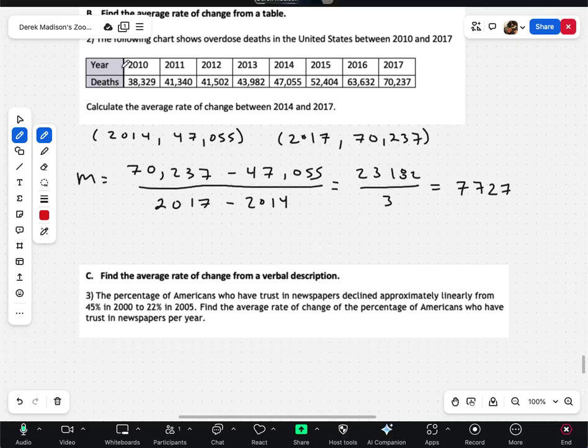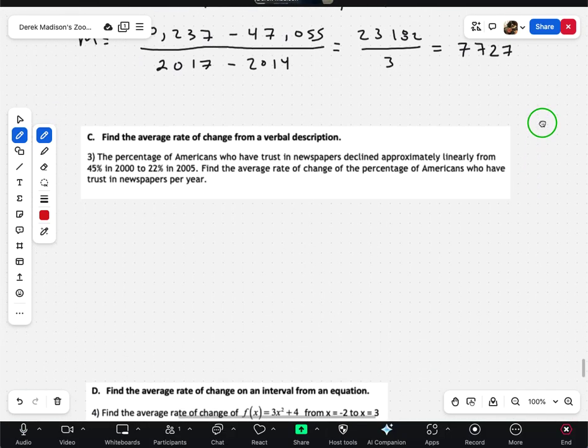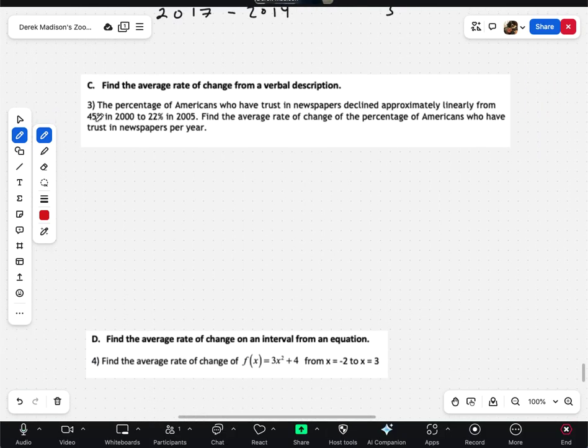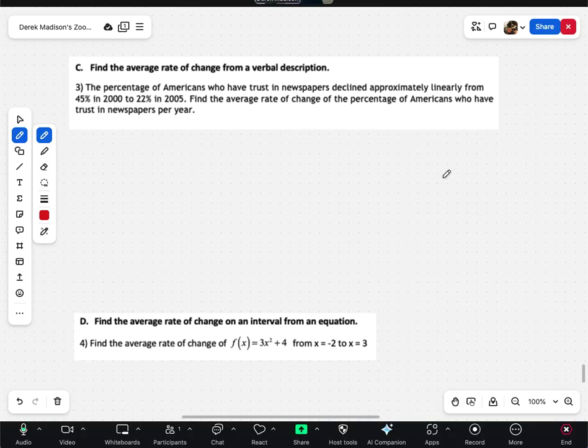On this last example, we're given a table where the input was the years and the output, the dependent variable, was deaths. So with this one, it feels like it's saying 45% in 2000, 22% in 2005. But we have to pay attention to what precisely they're asking us to find. And that is percentage per year.